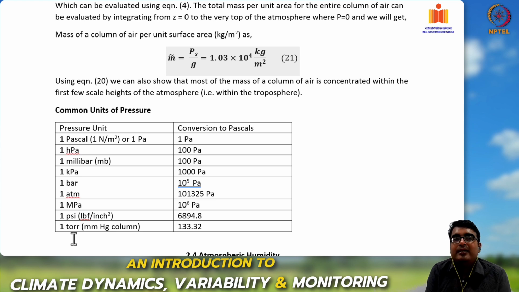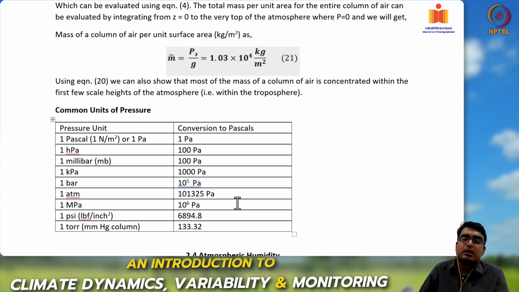So, 1 atmosphere is approximately 76 centimeters of mercury column, so 760 millimeters. So, 1 atmosphere is basically 760 torr. So, 1 torr is 1 atmosphere by 760, which is 133.32 pascals. Okay. So, these are the common units of pressure that we will discuss as we go along in the course.